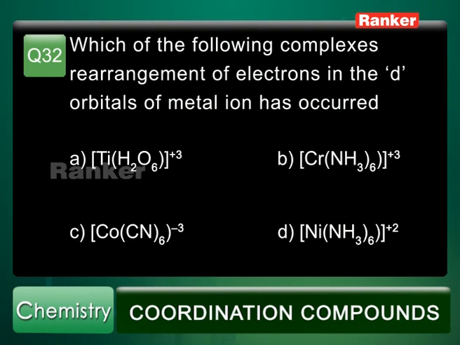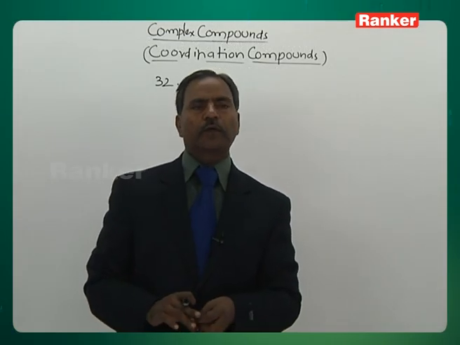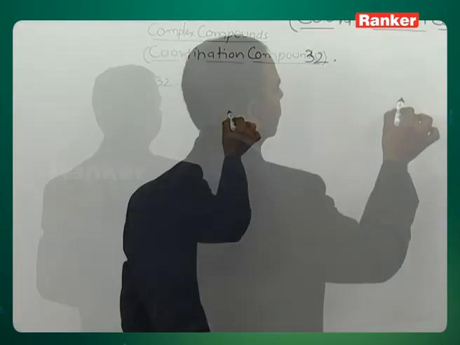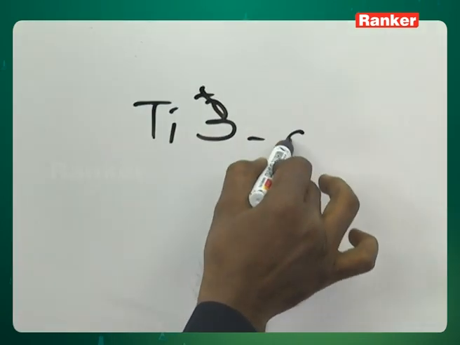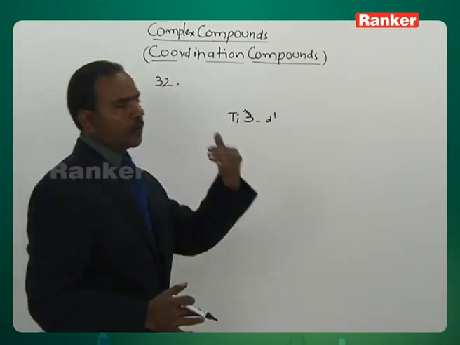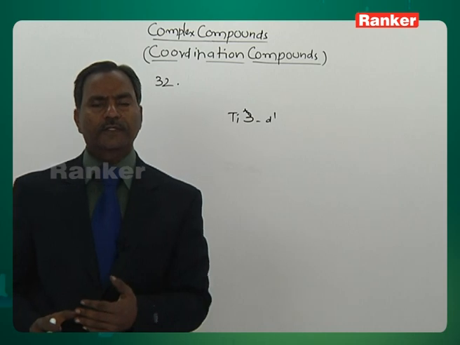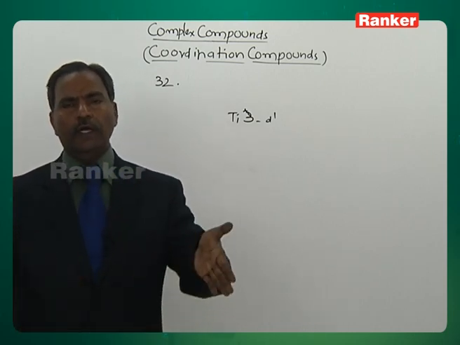Coming to A, titanium H2O 6 3+. Titanium +3 is d1. Whether you take the free metal ion or the complex, moreover that is a weak field, no rearrangement, only one electron is there.